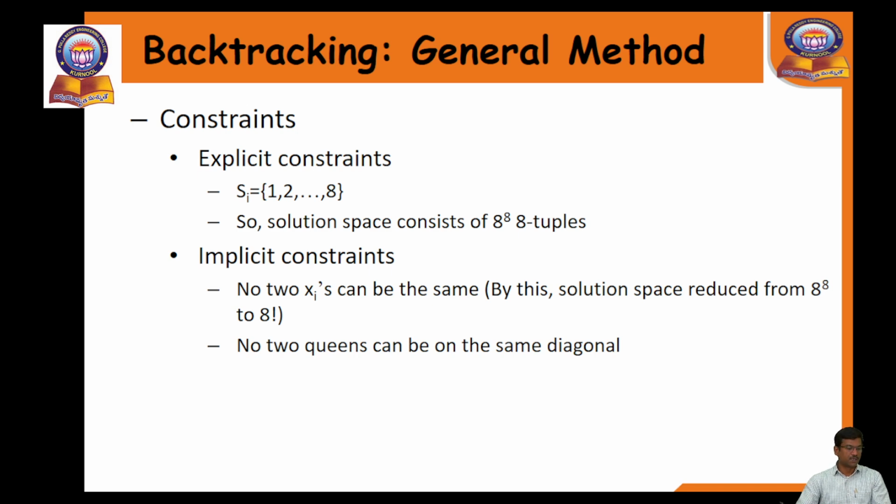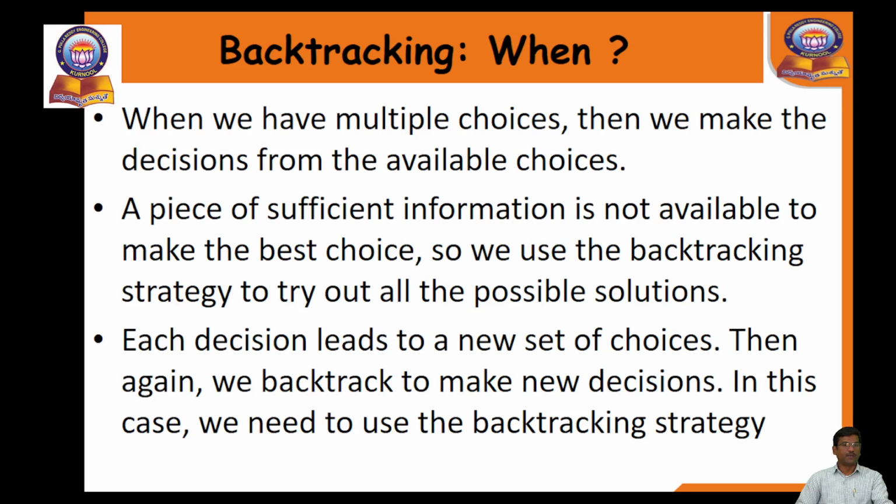So the solution space consists of 8 to the power of 8 tuples, the possible combinations. For the implicit constraints, no two xi can be the same. By this, the solution space can be reduced from 8 to the power of 8 to 8 factorial. And no two queens can be on the same diagonal. That is what the 8 queens problem involves.